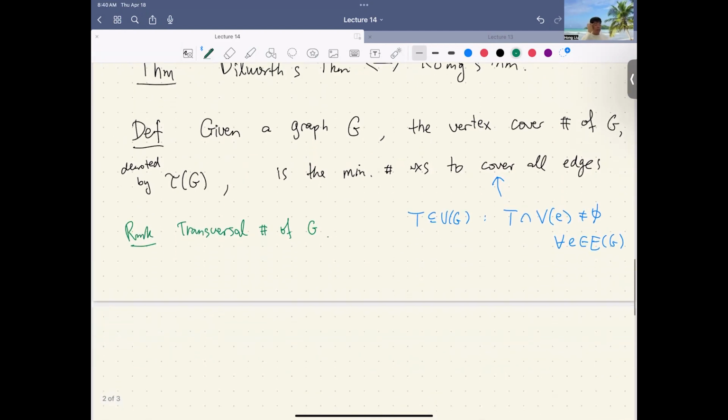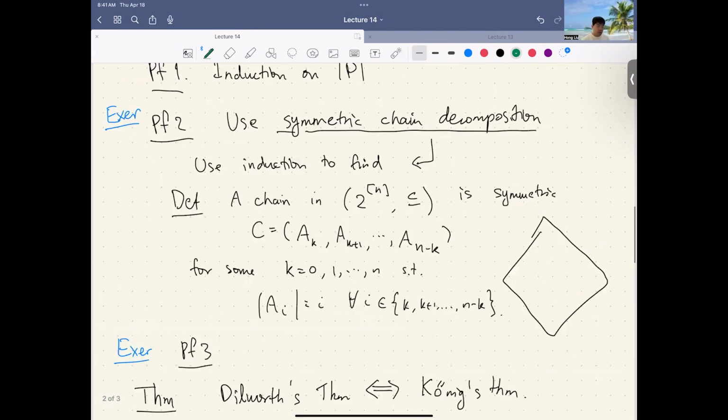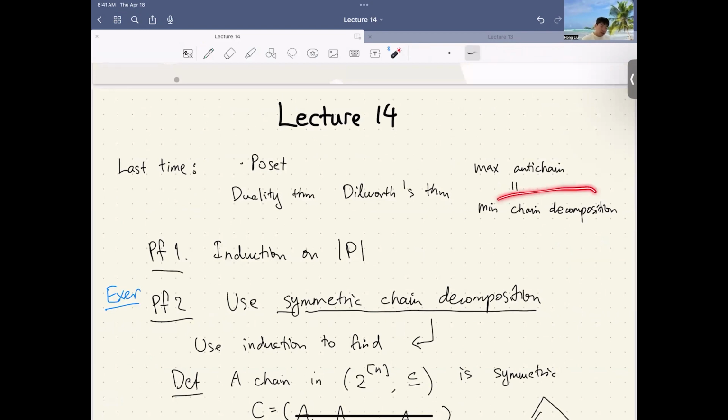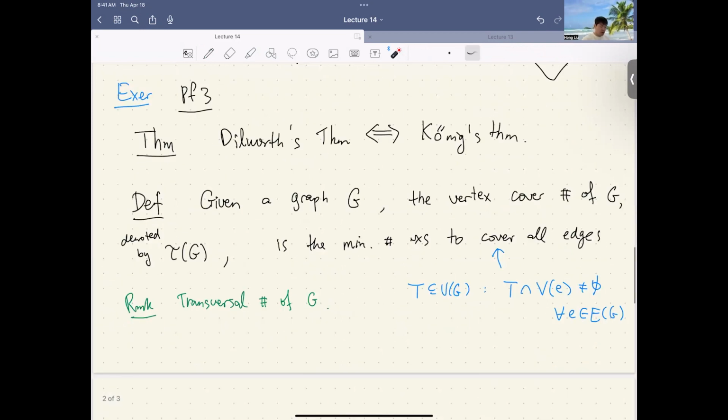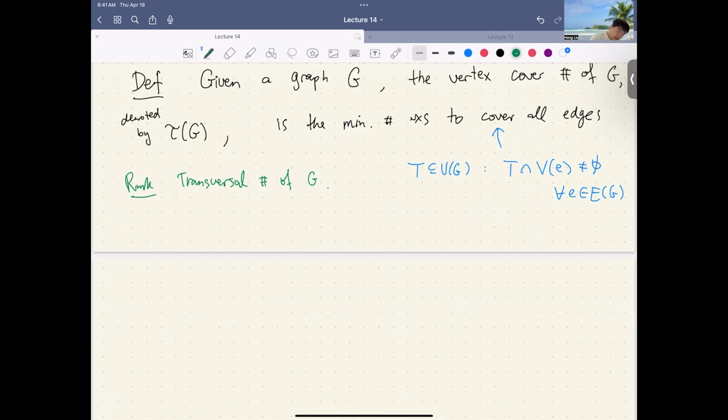Okay, let's observe a trivial inequality, similar to the trivial inequality that any chain decomposition has to be at least the size of any anti-chain.